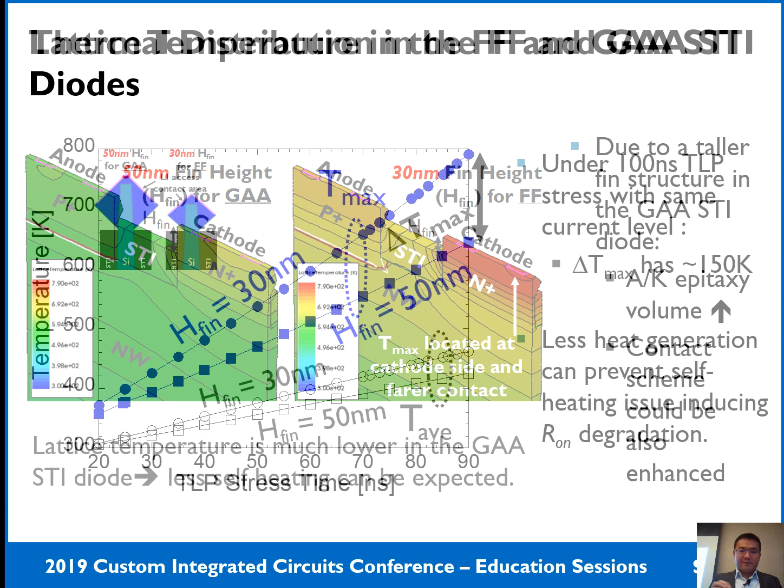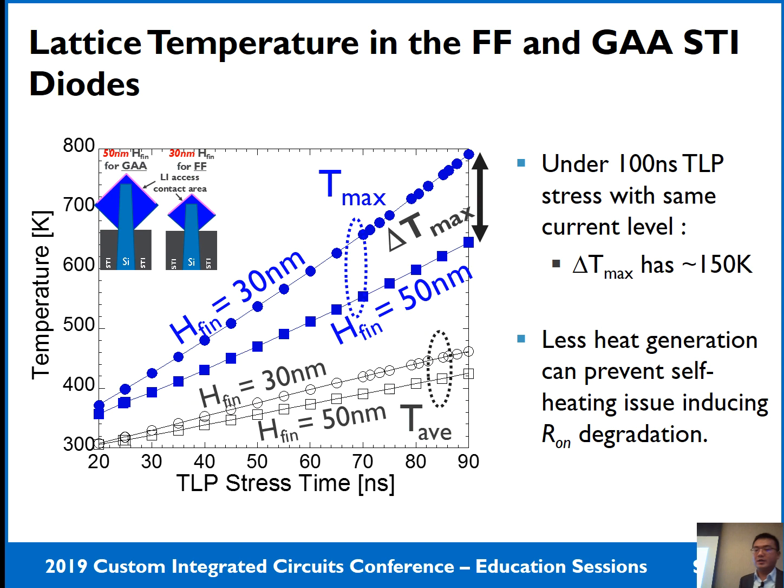Then the further analysis result indicates that under 100 nanosecond TLP stress, the maximum temperature difference can be around 150 K. So this temperature difference, with less heat generated, can prevent the self-heating issue and prevent the Ron increase in the taller fin height Gate-All-Around STI diode.